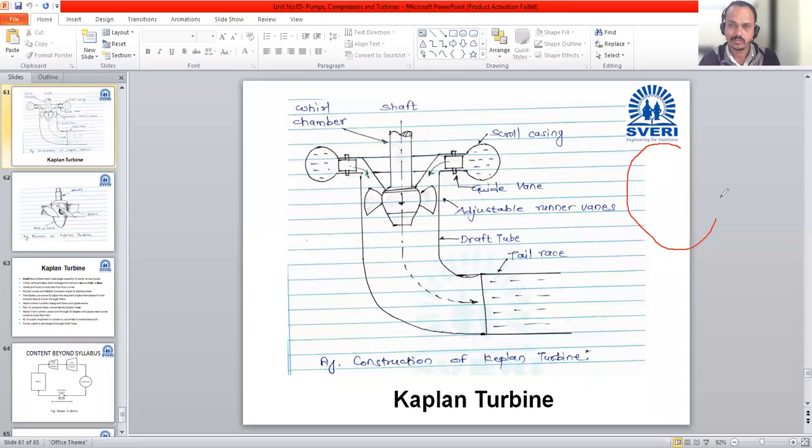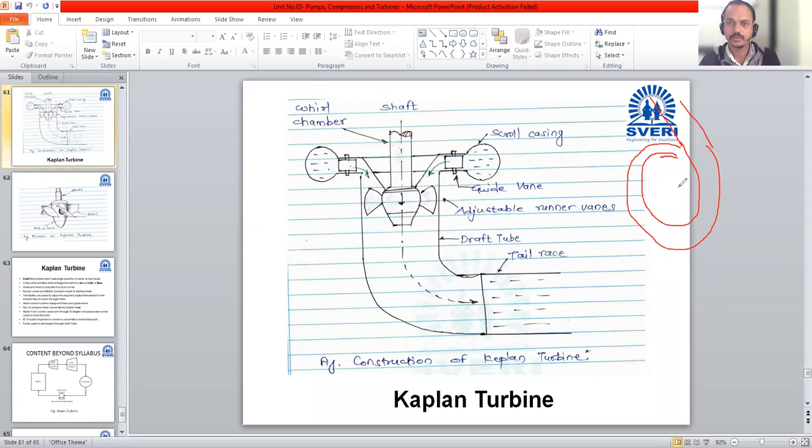Okay, and if suppose this is the water came from the turbine, okay. So what will happen? I'm drawing here top view.